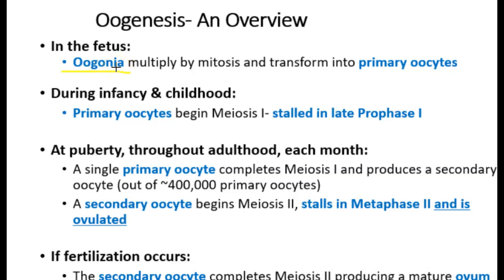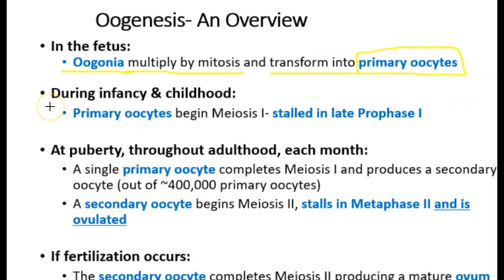During fetal development, as the fetus gets bigger and bigger, these oogonia multiply by mitosis, just like the rest of the fetus does. Some of them are going to transform into primary oocytes, and it turns out by birth, all of the oogonia have been transformed into primary oocytes.